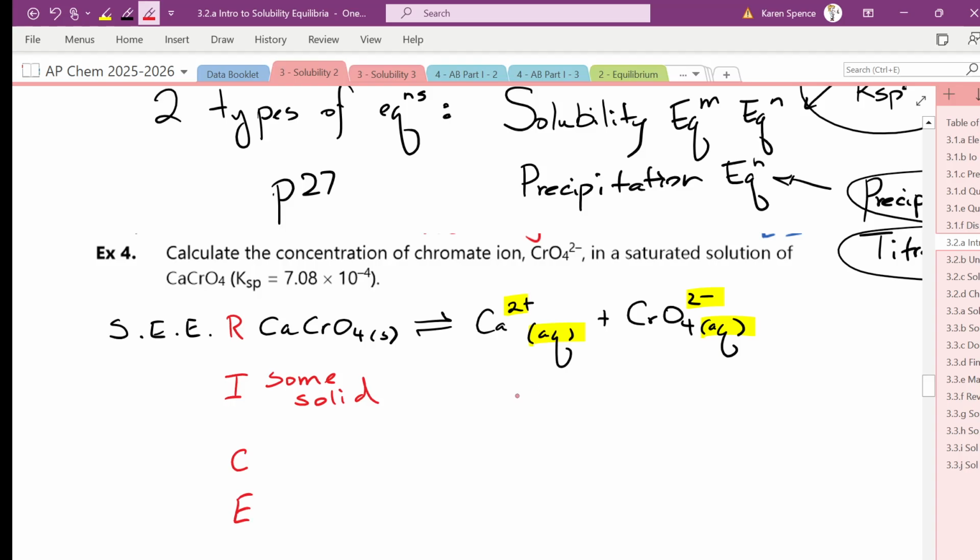How much dissolved stuff do we start with when we have solid in water? 0. Do you think you'd be able to solve the rest of this? You want to find the concentration of the chromate ion.